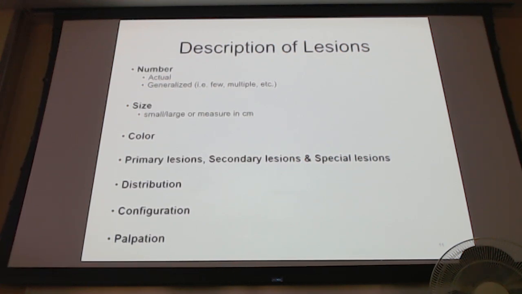If it's something that's small, like 1 centimeter, and it's the only thing, okay, well that's one location. Whereas if it's spreading out to like 10 centimeters, well, that's more generalized, that's more widespread. It's not just in one spot. Color, primary lesions, secondary lesions, special lesions, we're going to discuss what those things are. Again, there we go with that distribution, configuration, and palpation.